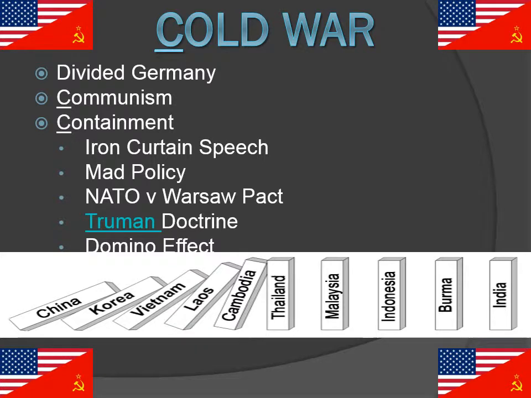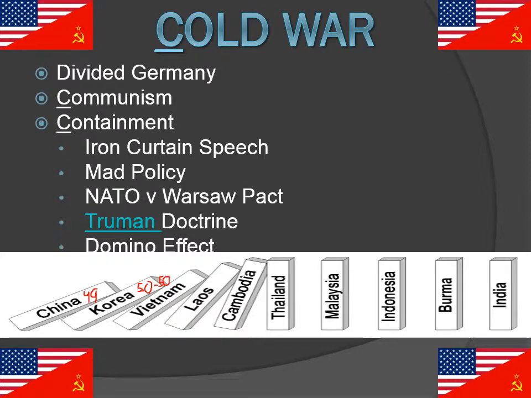What you can see here with the domino effect is China is actually going to fall to communism in 1949. Then the Korean War is going to break out in 1950, and it will last until 1953. So you have this spread of communism starting to spread over Asia.